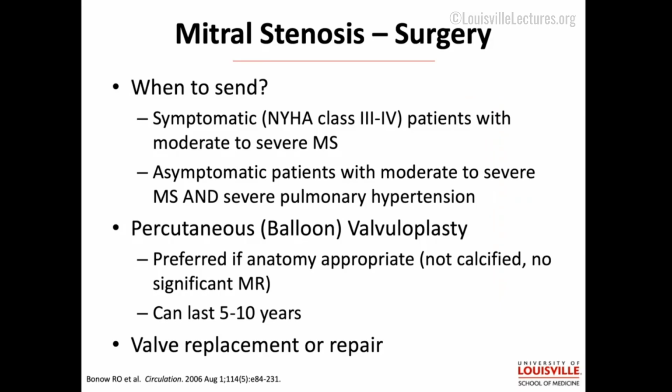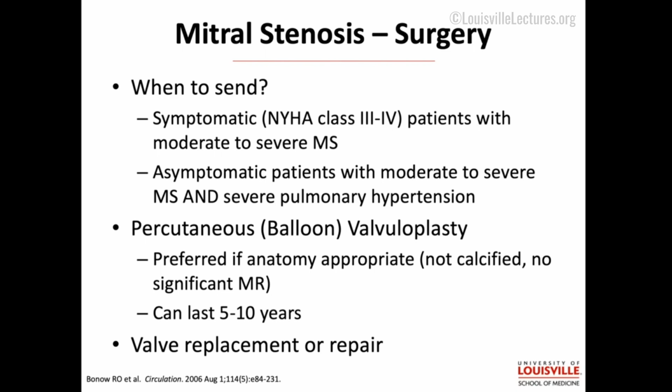Okay, now again, how do we treat this with our replacement? Well, if they are symptomatic with moderate to severe mitral stenosis, or if they have severe mitral stenosis with elevated pulmonary pressures. This is akin to when you're starting to see the LV have dysfunction in aortic valve disease. If you're starting to see the backup of pressure into the pulmonary vascular bed, you'd like to stop that process before it gets out of control.